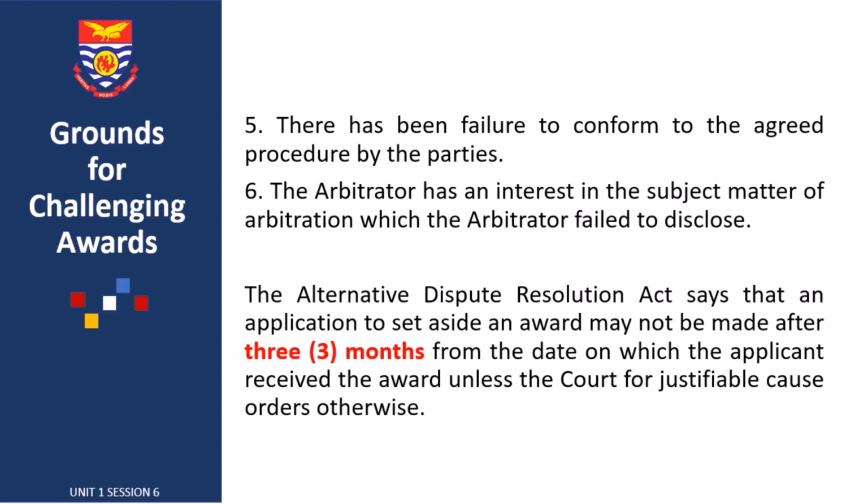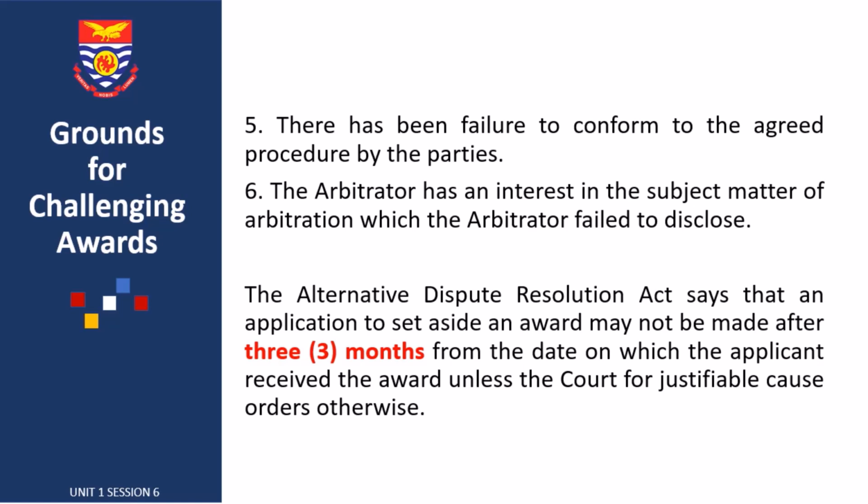You should also know that the arbitrator may have an interest in the subject matter which the arbitrator failed to disclose. So as an arbitrator, if you have an interest, that is a conflict of interest, and you fail to disclose it, it can be a ground for the award to be challenged.